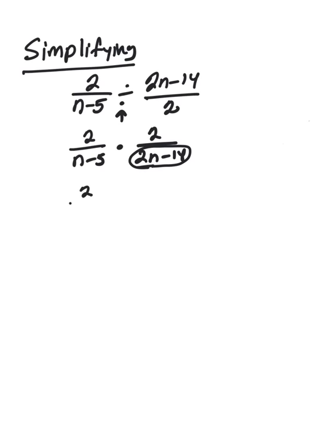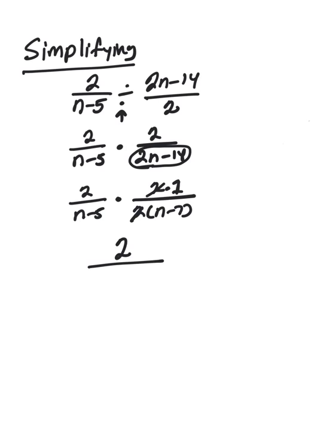So we have 2 over n minus 5 times 2, and we're going to factor a 2, so it's n minus 7. These two cancel. So when we multiply, remember this is going to be a 1. You're left with a 1. So it's going to be 2 times 1, which is 2, divided by n minus 5 times n minus 7.